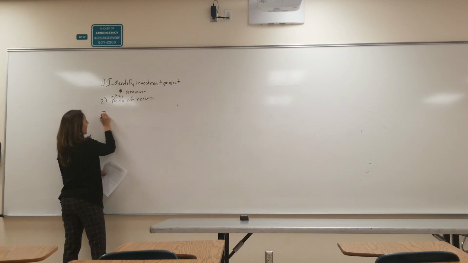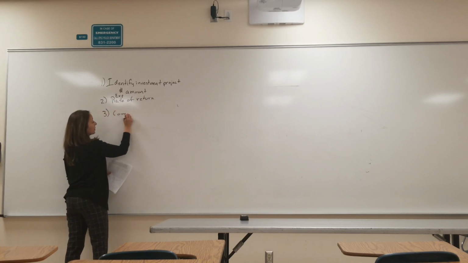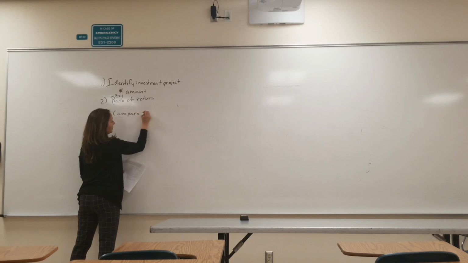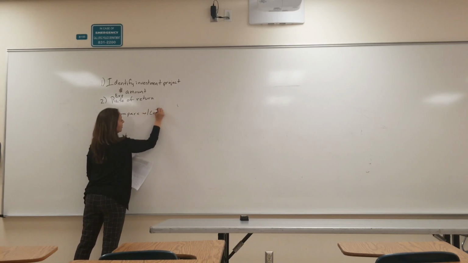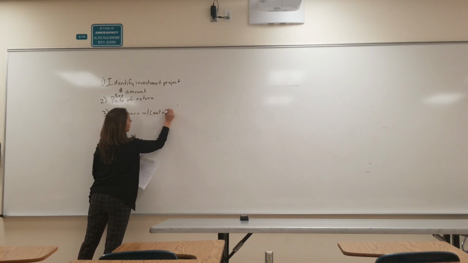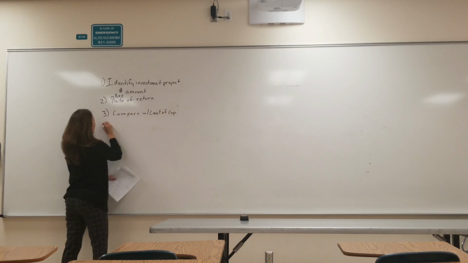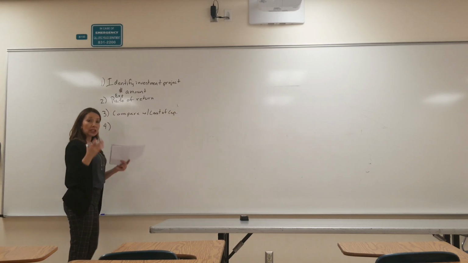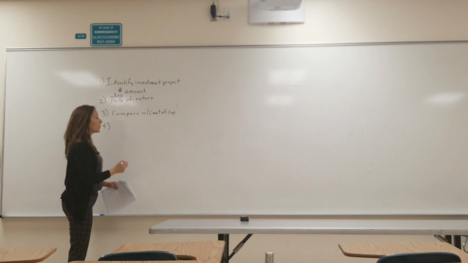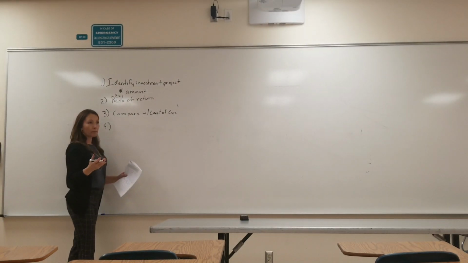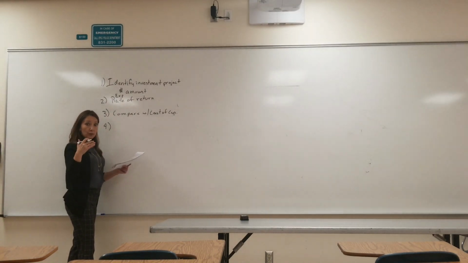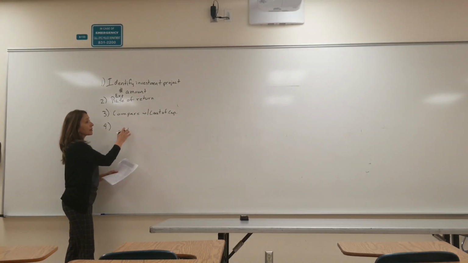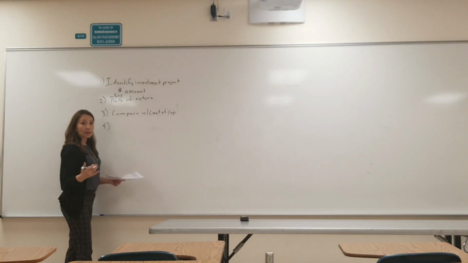Okay, and then we want to compare this with the cost of capital. And then we want to see for each interest rate, and for each comparison, how much investment will be made.